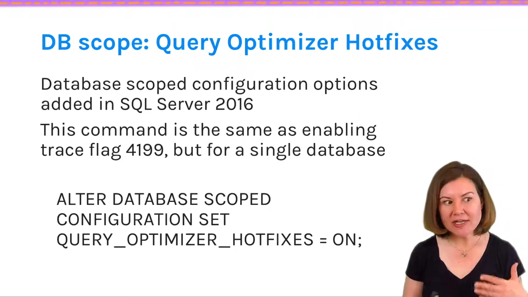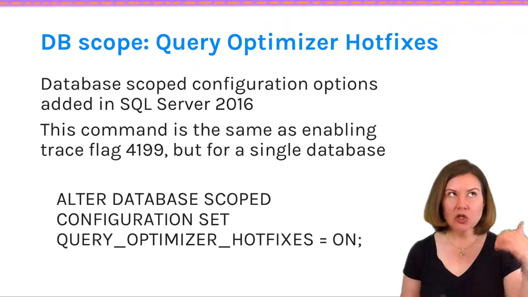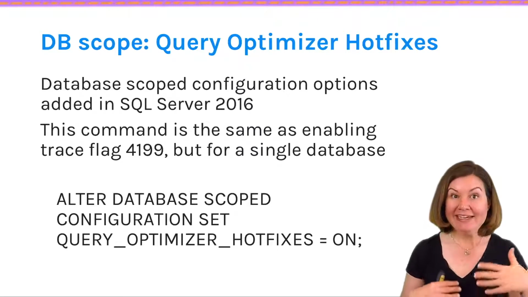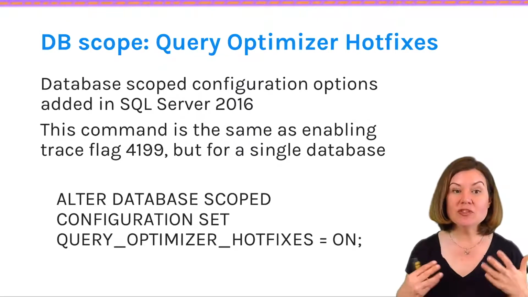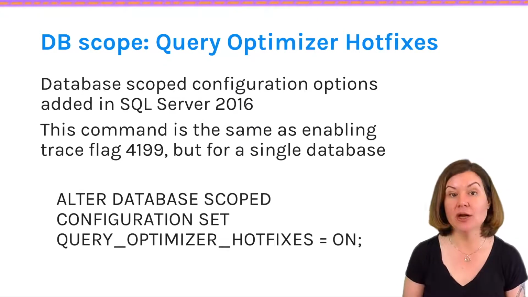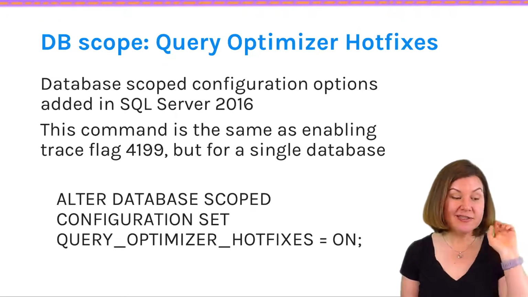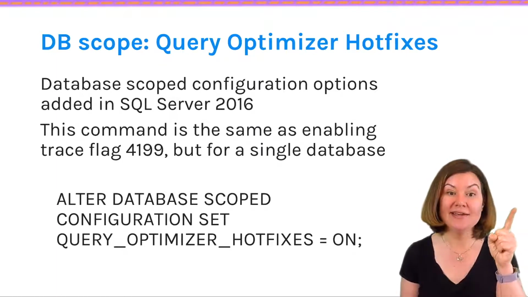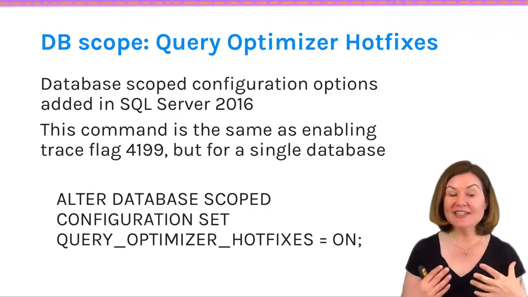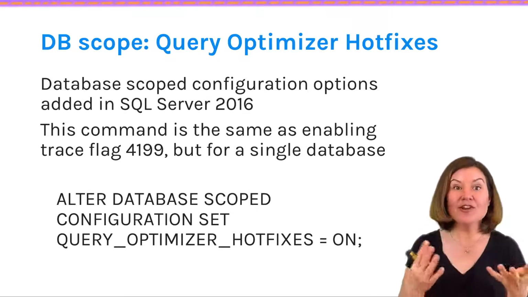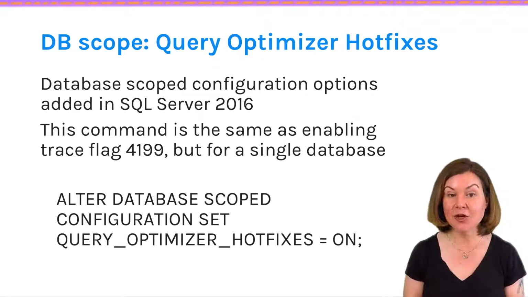The trace flag is only global or session or per query. In SQL Server 2016, we have these new database scoped configuration options. We can say, I want to turn on query optimizer hotfixes, but only for this one database. It's the same as implementing the trace flag, but it's at the database scope.